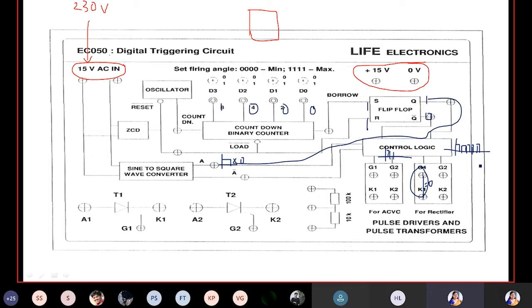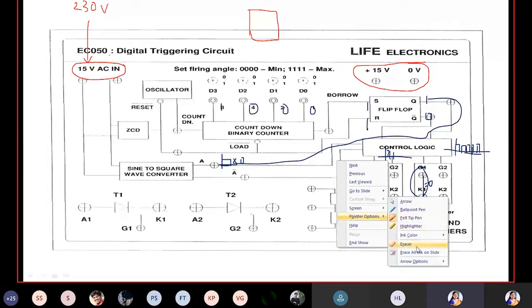When you go for pulse triggering, the losses in the device can be reduced. So this control logic converts the continuous signal into continuous pulses, and this will be applied. This is how we generate the firing pulses.